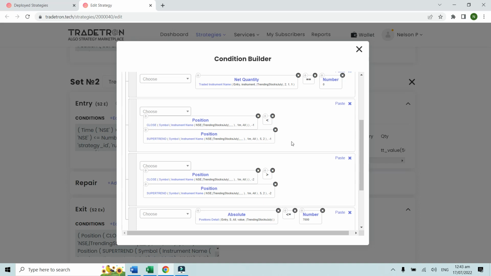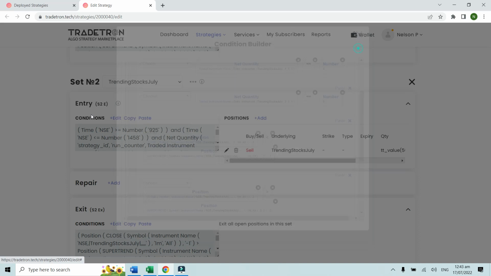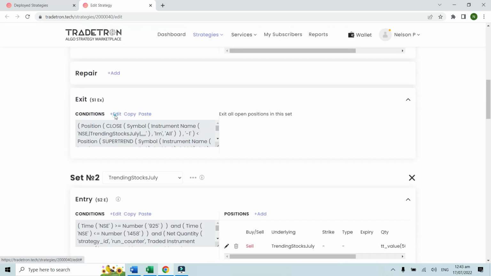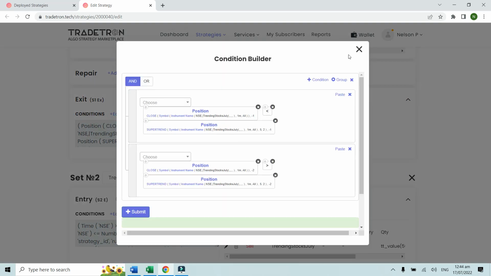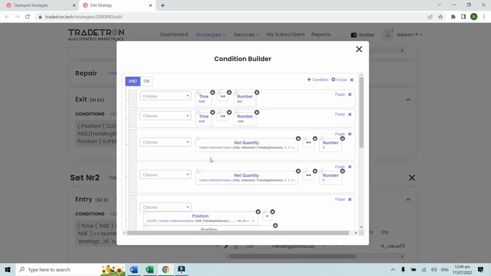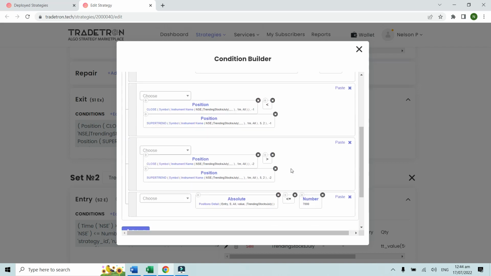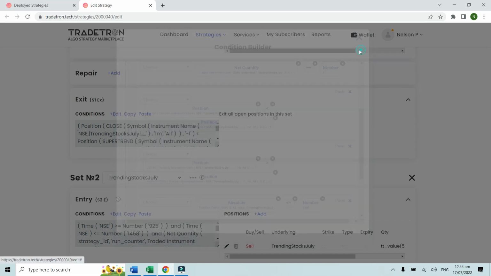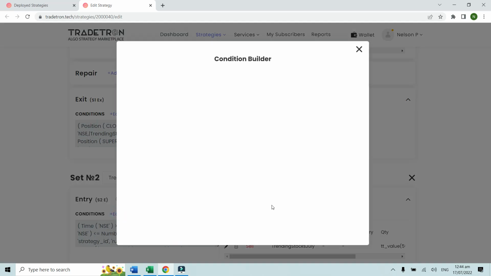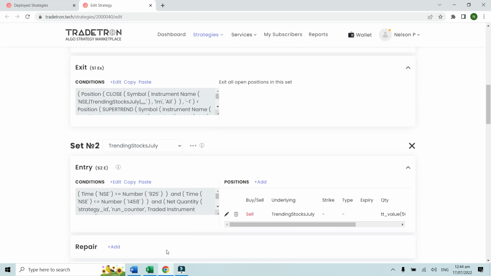So whenever there is an upside crossover, it will be buying the shares, and whenever a downside crossover happens, it will exit the bought position over here and it will take the short position. That's what it does in this case with this particular keyword. All right. So we will see the position detail on the short side later on, but first of all, let us see the trades that it has taken.